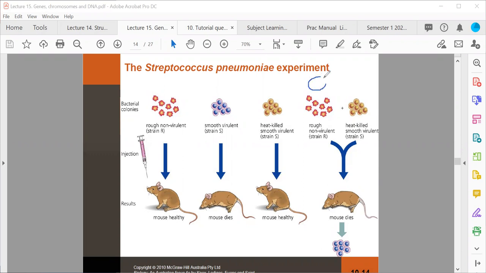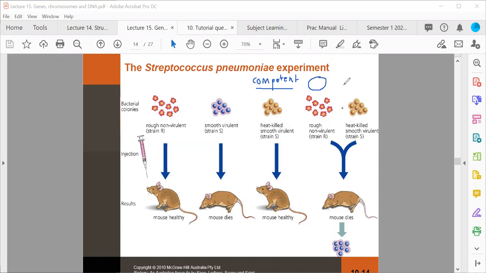Certain species of bacteria, so there's one bacterial cell, are said to be competent. That is, they can actually take up naked DNA, bits of DNA from the environment. That is, they are said to be transformed.